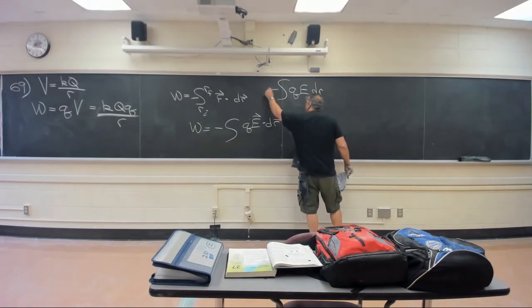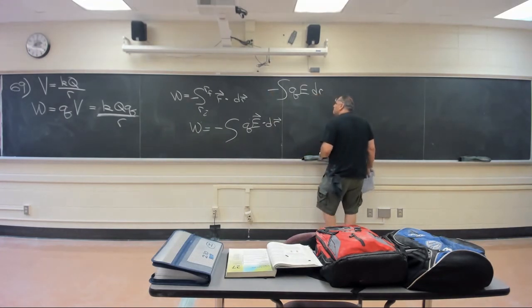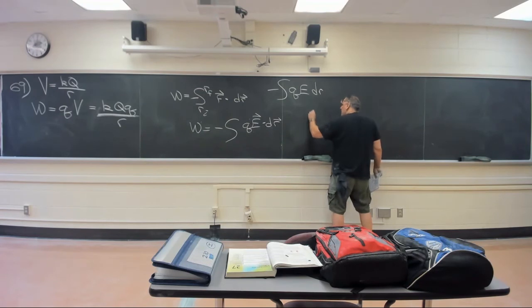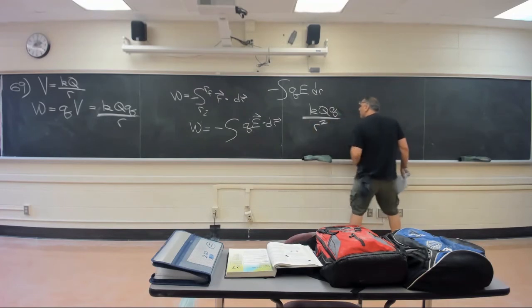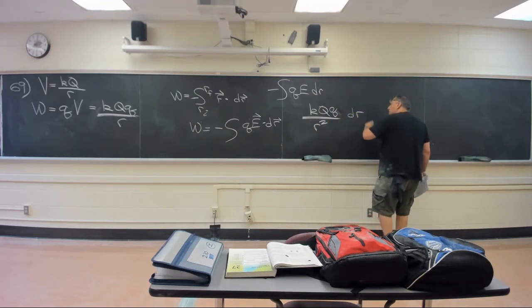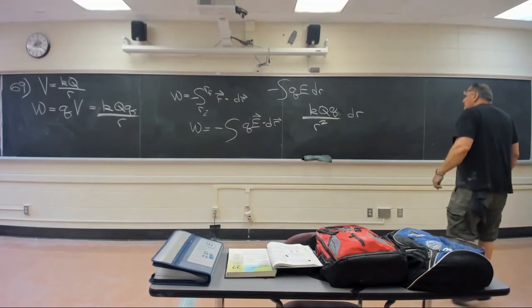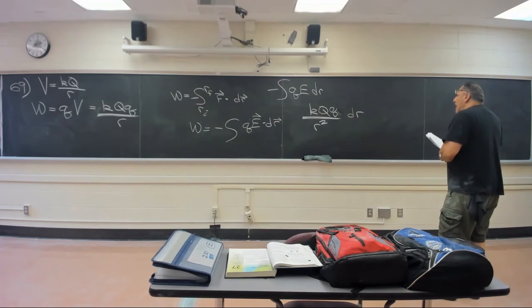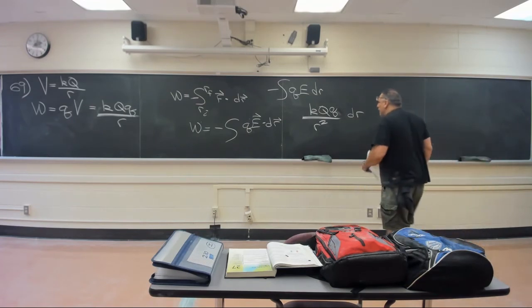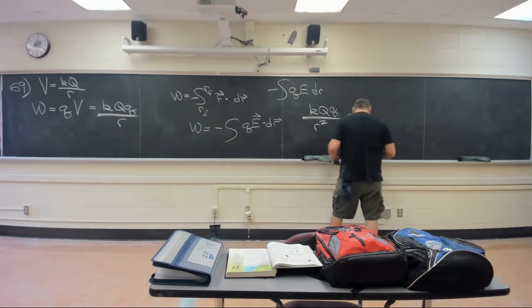You know what? Let me still stay with that actually. E is K big Q over R squared times a little q, dr. Say Q is a real small charge.